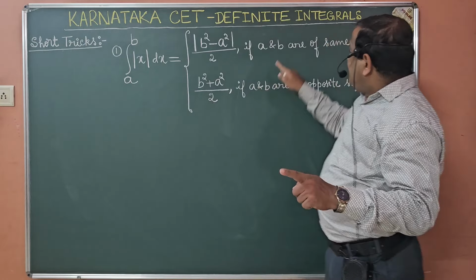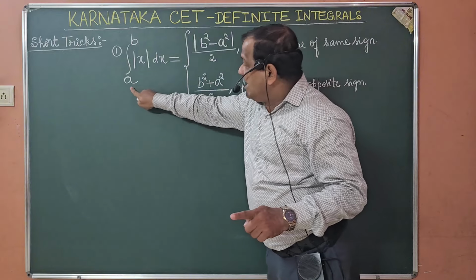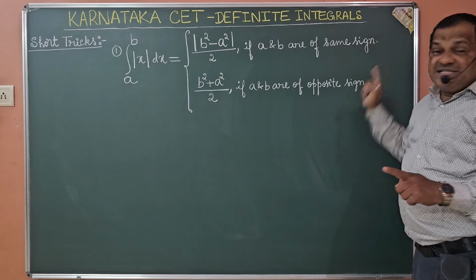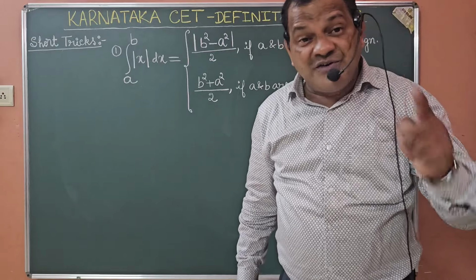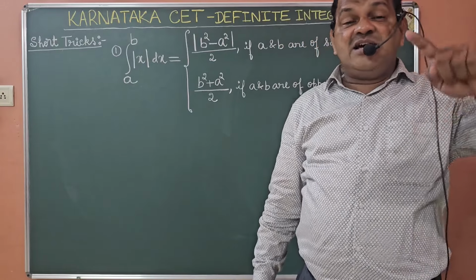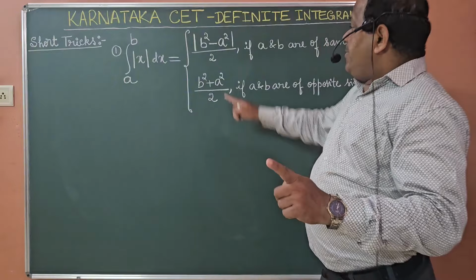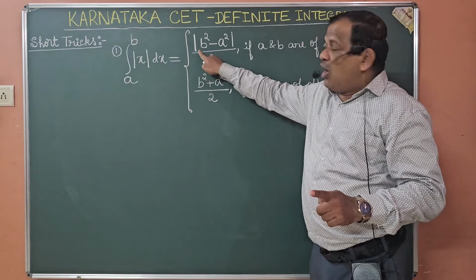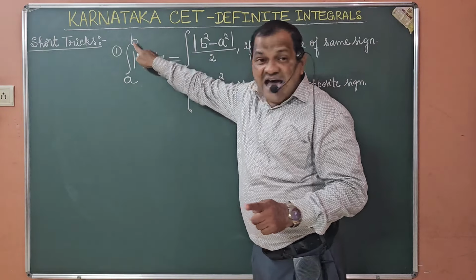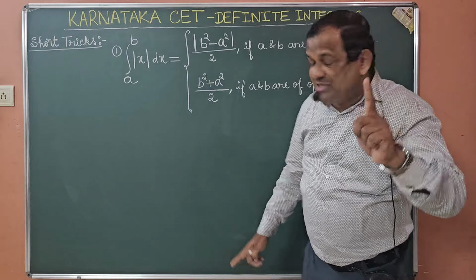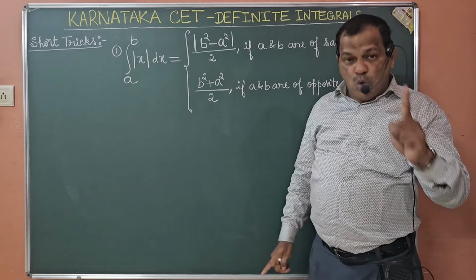If the lower limit a and upper limit b are of the same sign, both positive or both negative, then your answer is modulus of b square, upper limit square, minus a square, lower limit square, divided by 2.